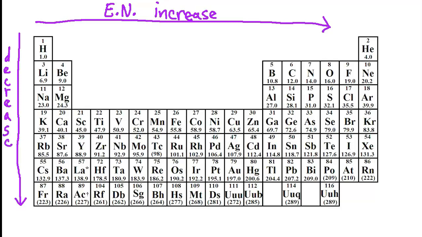The most electronegative element is fluorine. So if I take a look at fluorine, it is going to be the most electronegative element, and francium down here is going to be the least electronegative element. So that's the trend. Notice that the noble gases are excluded from this because noble gases tend not to form bonds with other elements. You certainly can in some cases.